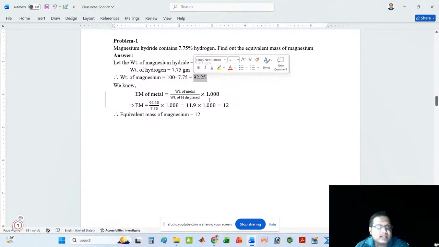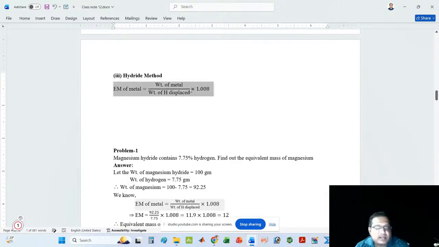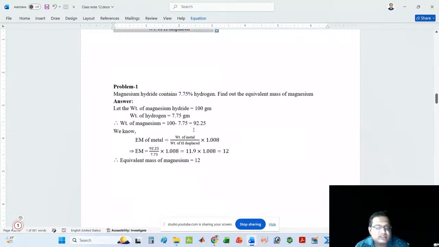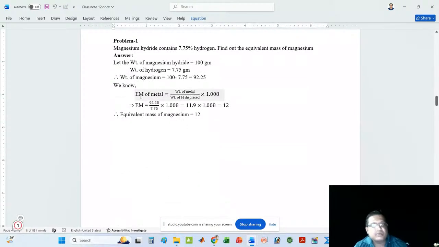Now apply the formula. Equivalent mass of metal is equal to weight of metal divided by weight of hydrogen into 1.008. Now put the weight of metal and weight of hydrogen.